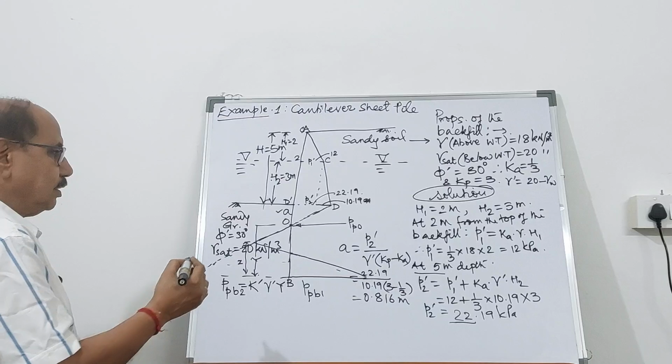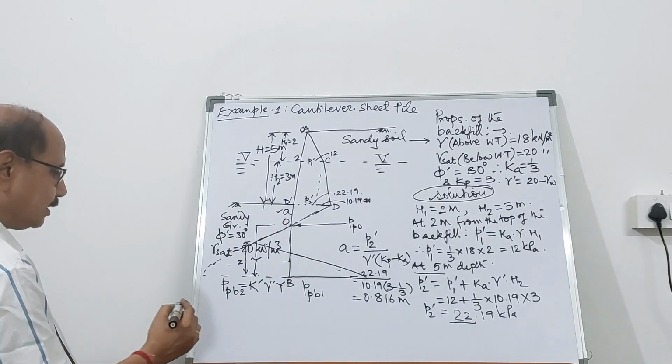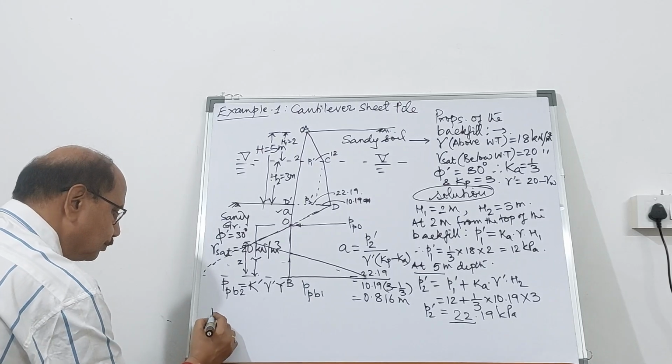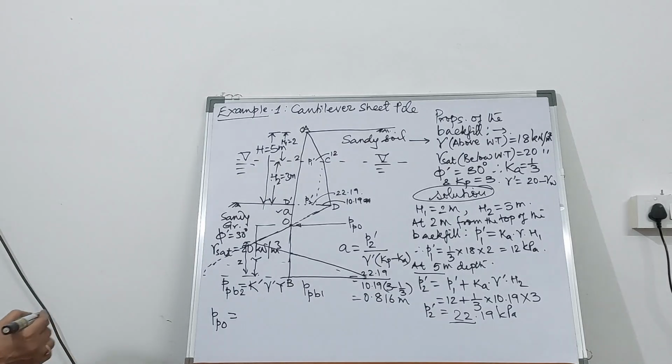So PPB2 is given by K prime into gamma prime into Y. And PPO, if you remember, is also very simple.